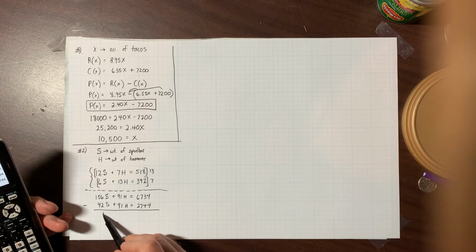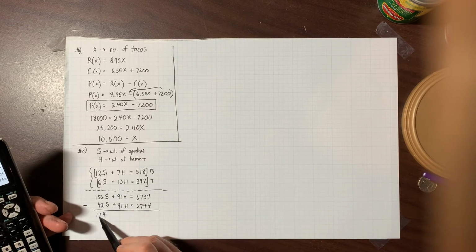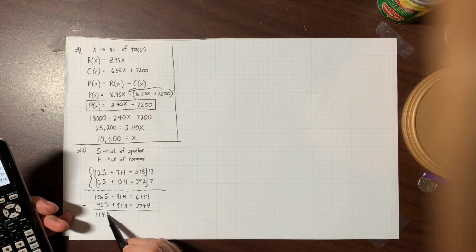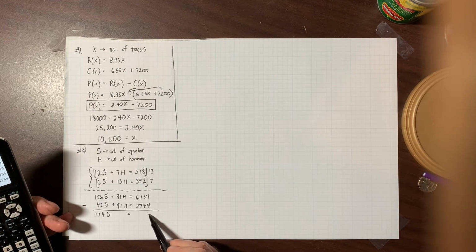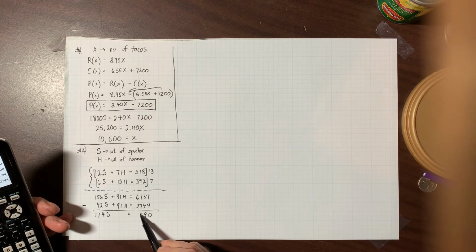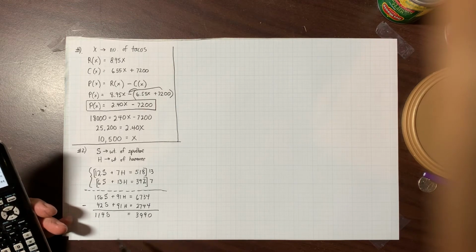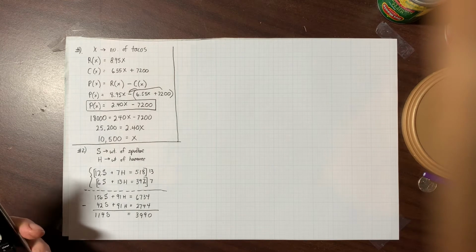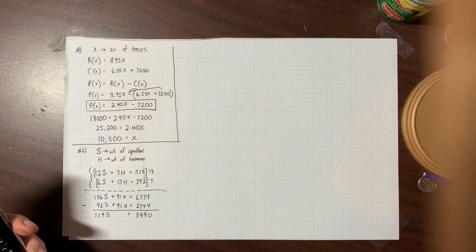156 minus 42 would be 114s, and that's going to equal, check my arithmetic on that, 6734 minus 2744.